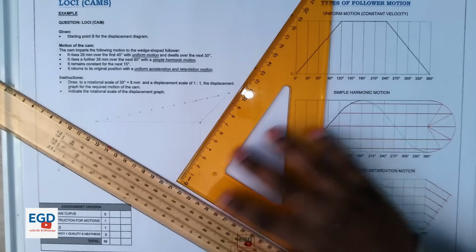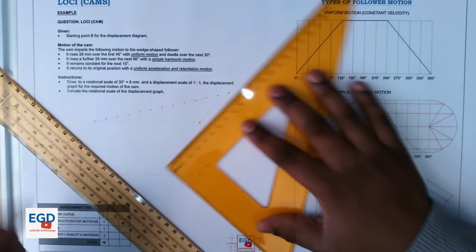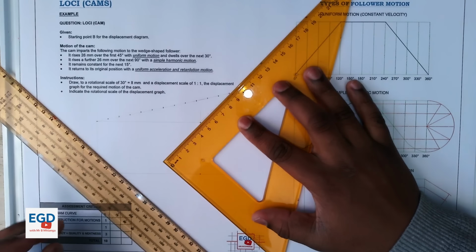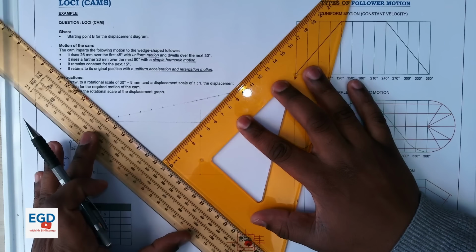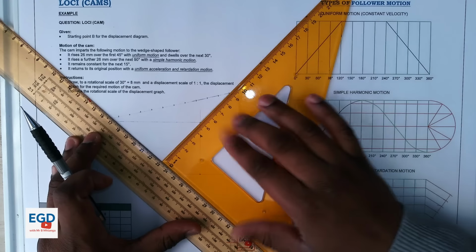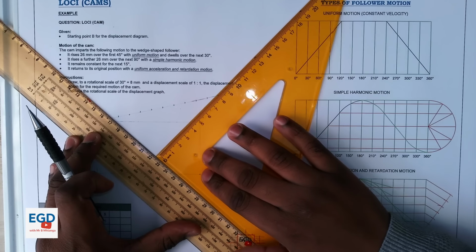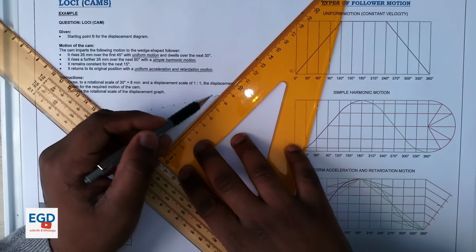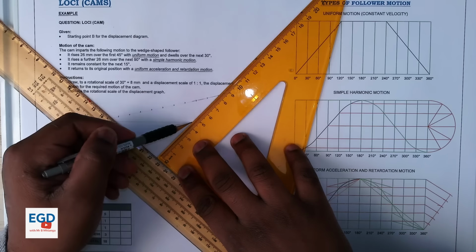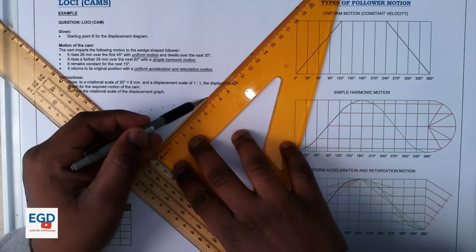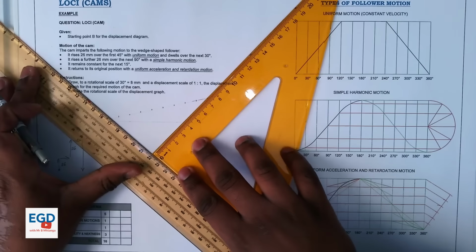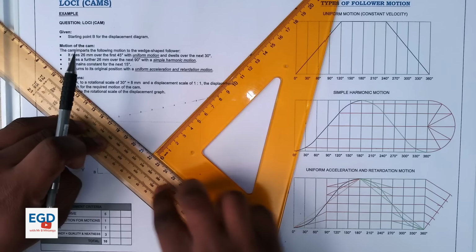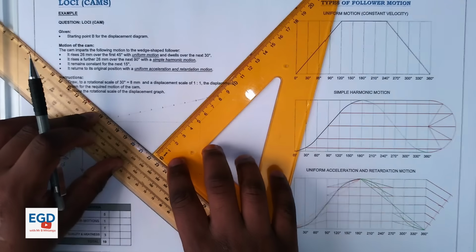So I'll take my t-square and my set square. I'll just make sure that it aligns with this line here like that, and then put my t-square there. From here I'll just slide my 30 by 60 all the way to the last point. I'm drawing the parallel lines, so just quickly draw the lines, and please make sure that your t-square or the other set square that you've put here doesn't move.